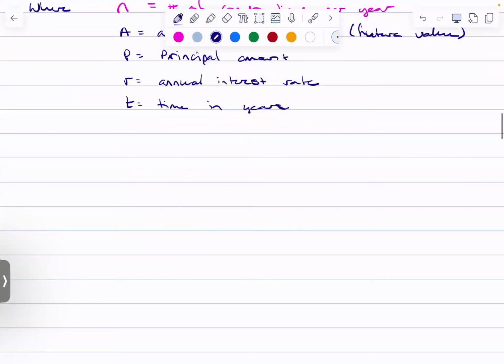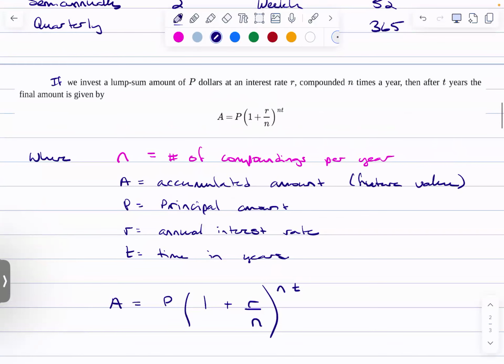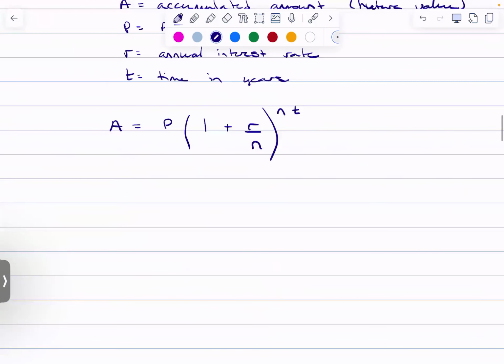So in this, A equals P times 1 plus R over N to the power of N times T, let's talk about what R over N does. R over N is going to take that annual interest rate and divvy it up over however many compoundings, right? You don't get the full amount every compounding.